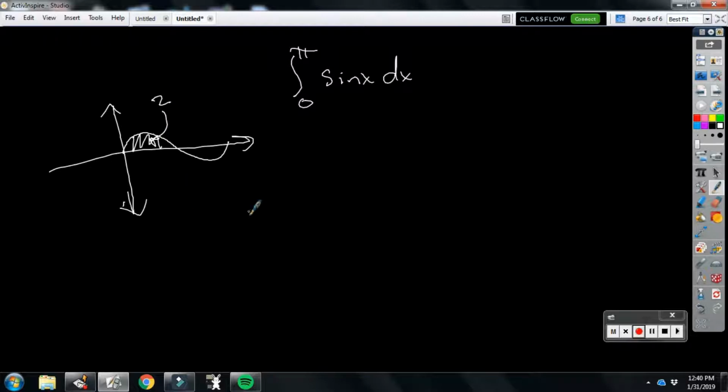So there's a couple things we could extrapolate from that. If I find the integral from 0 to 2 pi of sine of x, well, let's think. Sine is symmetrical, so this area is 2. This area would be the opposite. That total area would be 0, because I have 2 plus negative 2.